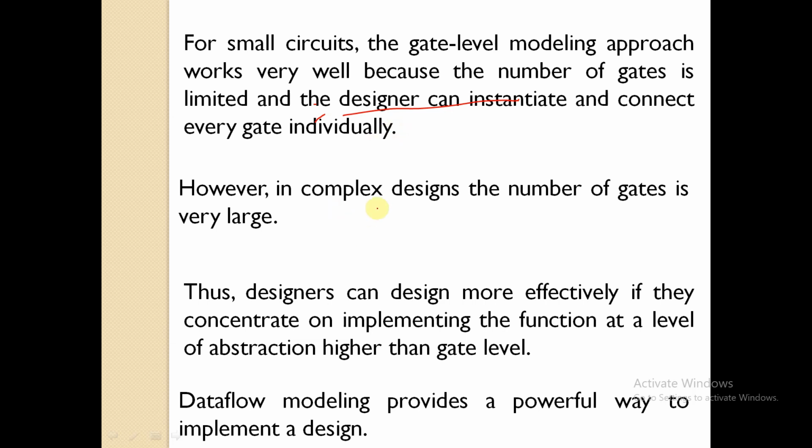However, in complex designs the number of gates is very large, so designers can design more efficiently if they concentrate on implementing the function at a level of abstraction higher than the gate level.